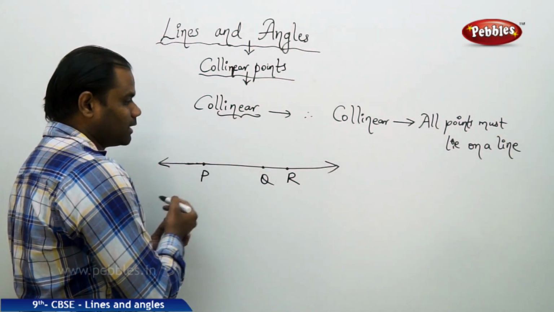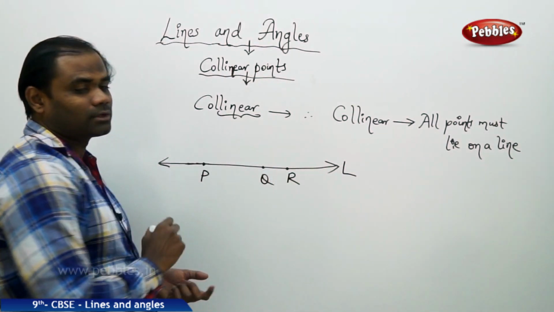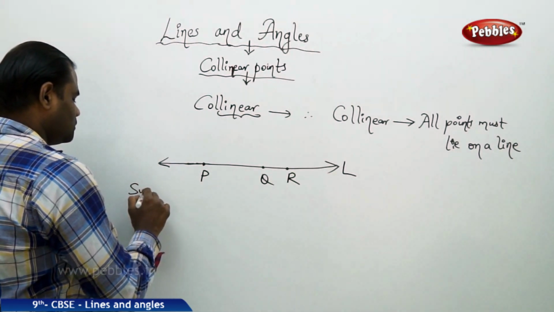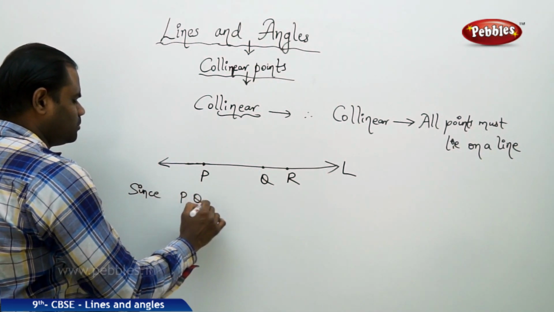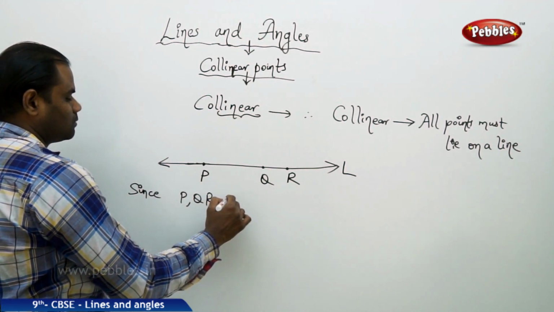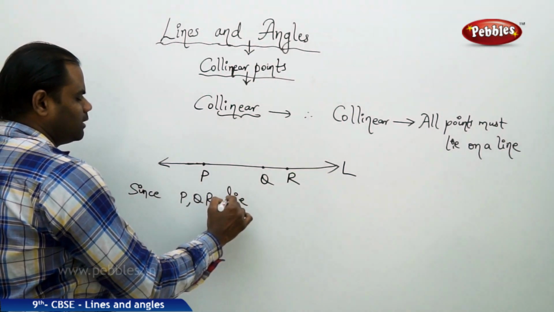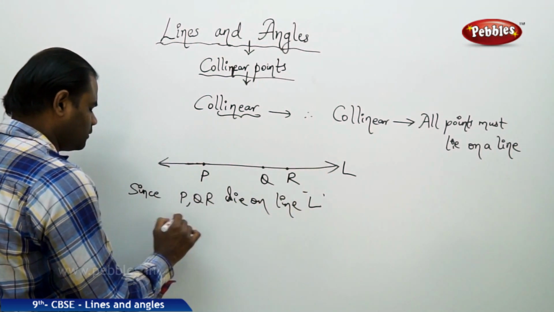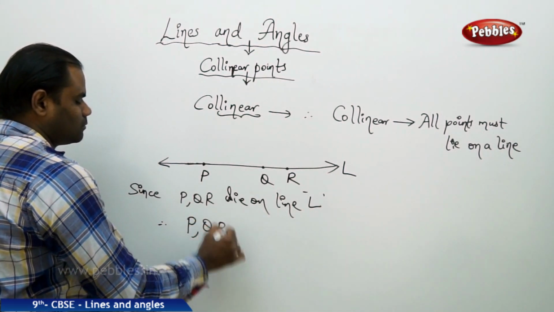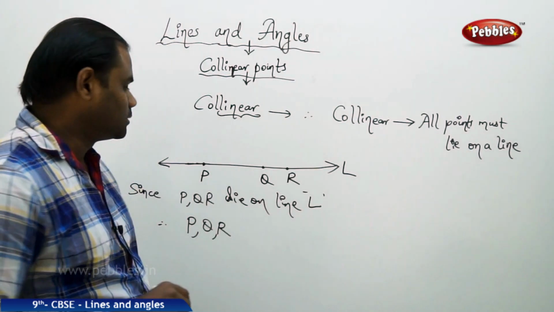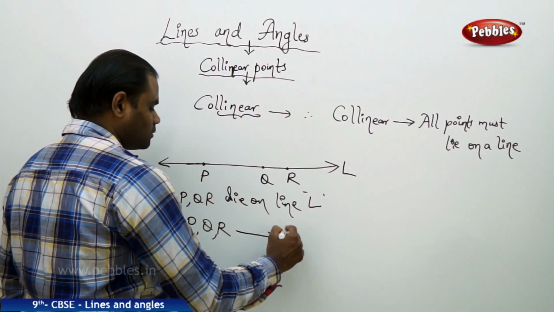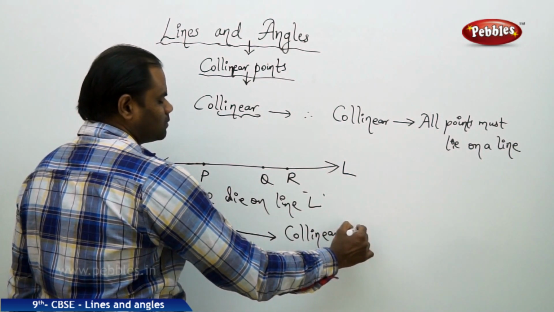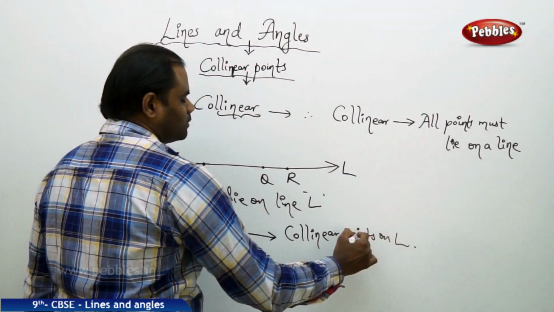Clearly I have the point P on the line L, and I have point Q which is on the line L, and the point R which is on line L. So since P, Q, R lie on line L, therefore they are linear to each other. Therefore P, Q, R are called collinear points on L.